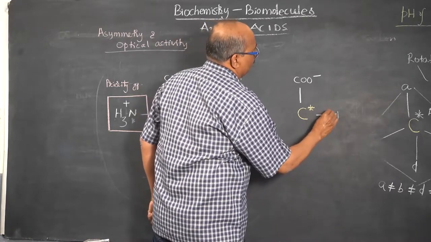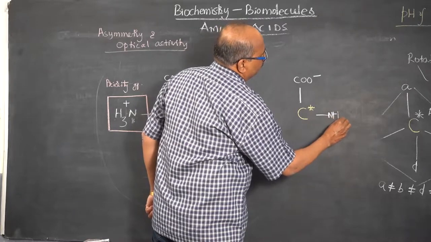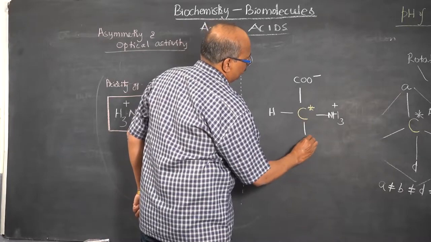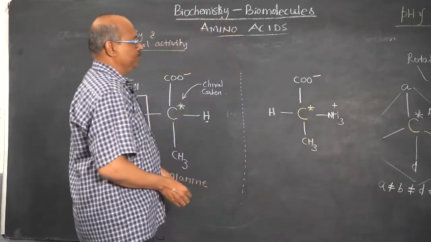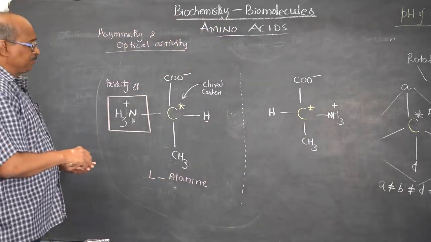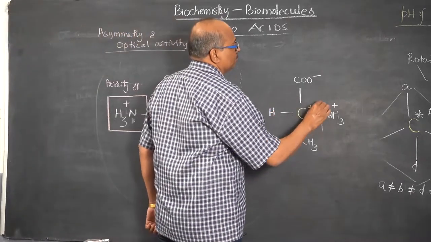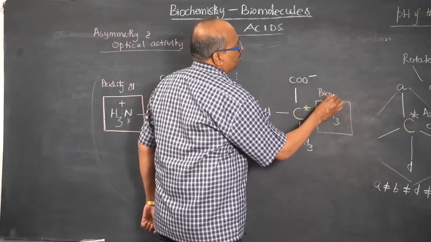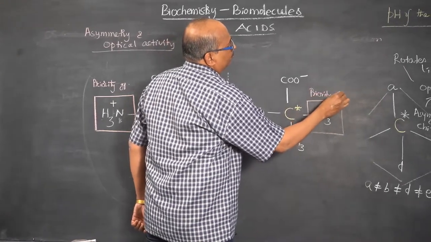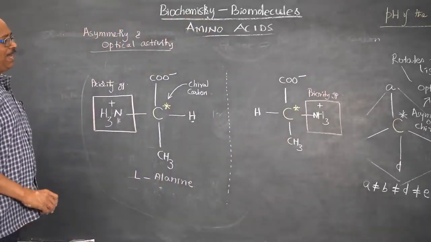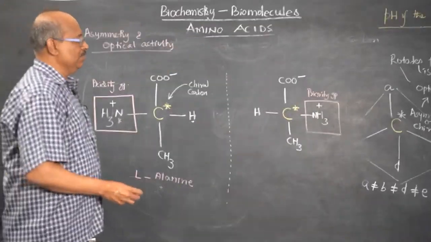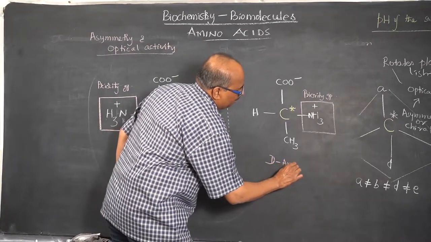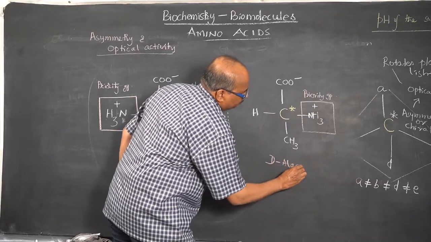So this will become now amino group, hydrogen atom, side chain group. So priority group is on the right side. Since the priority group is on the right side, we call this D-alanine.